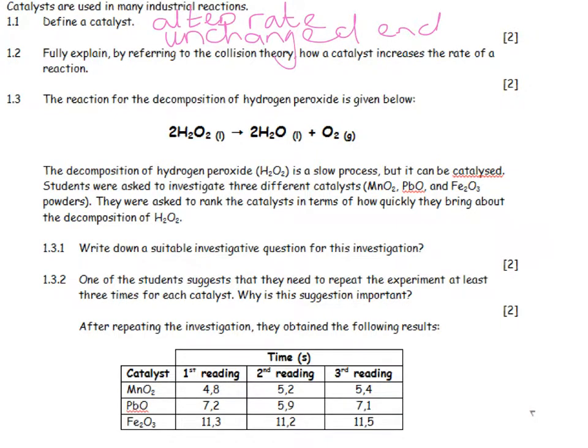Fully explain, by referring to collision theory, how a catalyst increases the rate of the reaction. So this has got a "how" in it, which means that you need to go into a bit more detail.